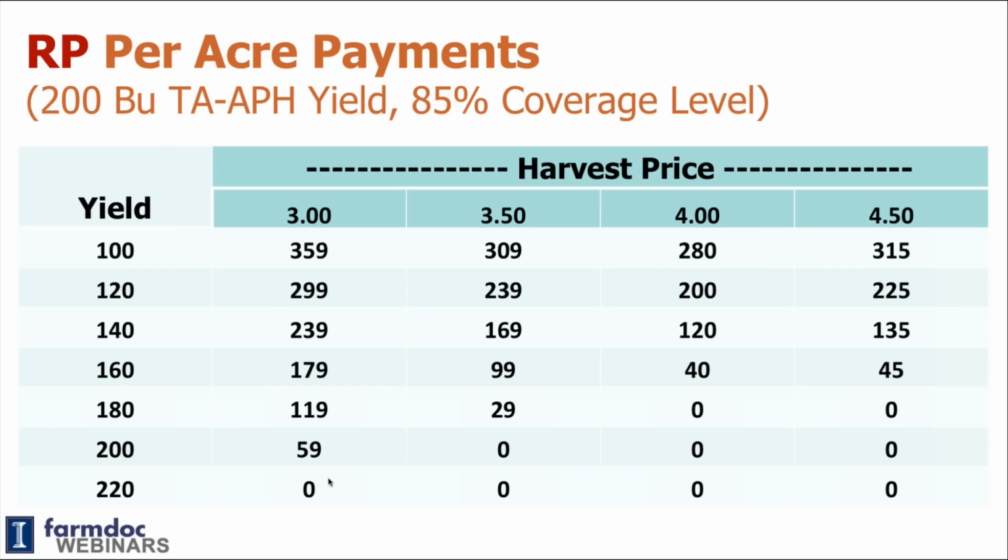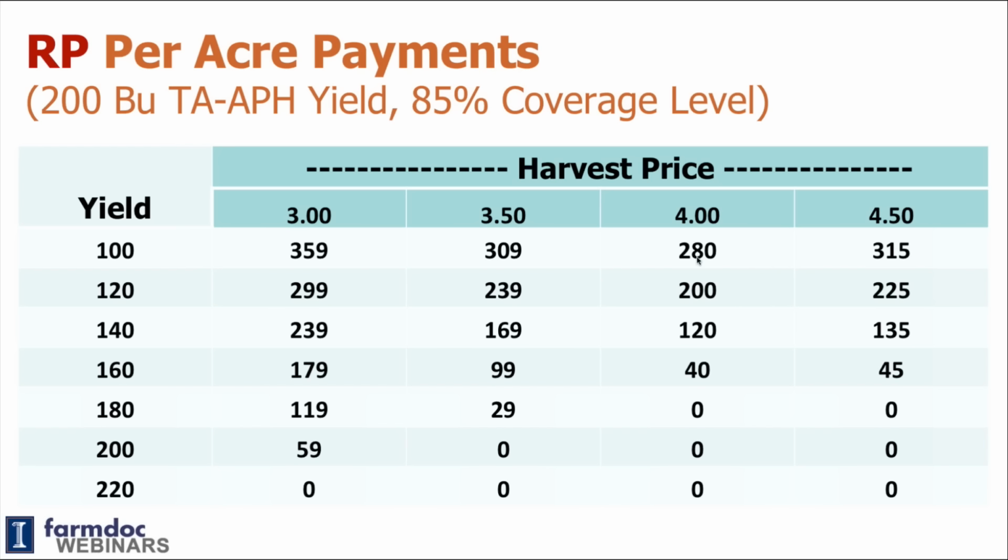So RP, we have the guarantee, which is the higher of the projected or harvest price, times the trend-adjusted APH yield or the approved yield, and also times the coverage level. You can see here as we have higher harvest prices, those payments go down because our harvest revenue is less.